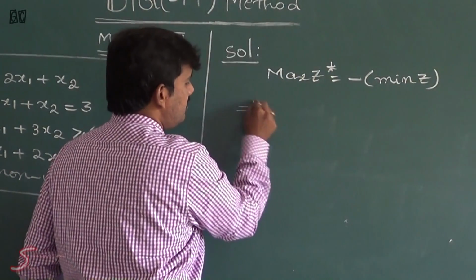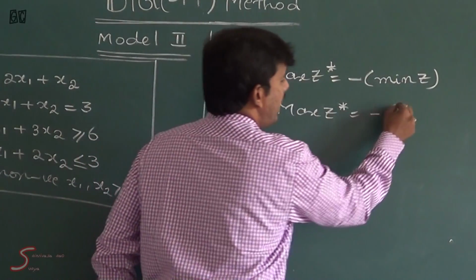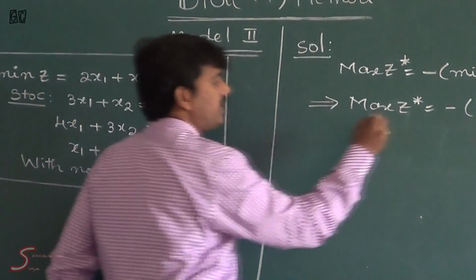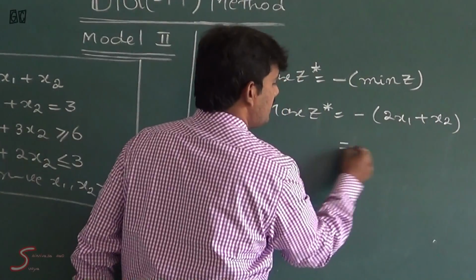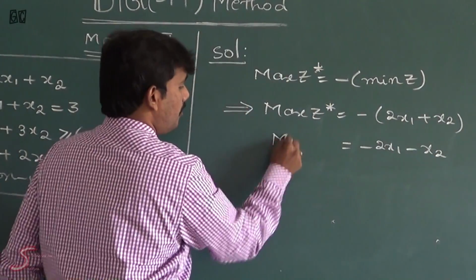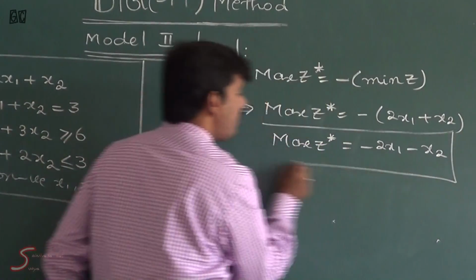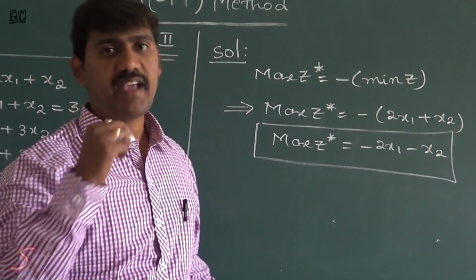So what is the minimization function given? The given objective function, that is 2x1 plus x2. So that becomes minus 2x1 minus x2. This is the maximum of z. So with the help of the minimax theorem, we made the given objective function into the form of maximization.